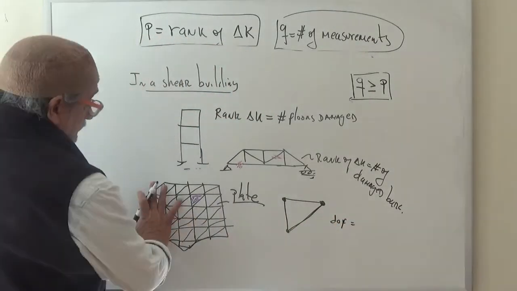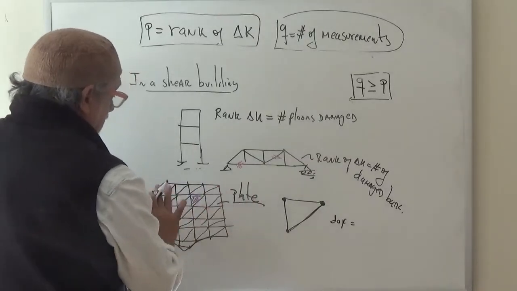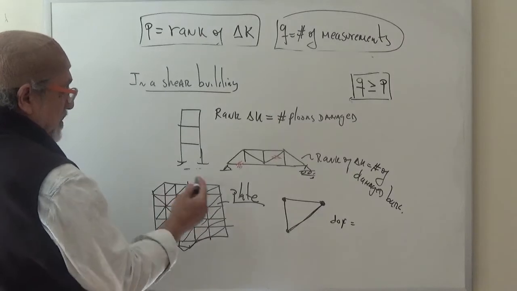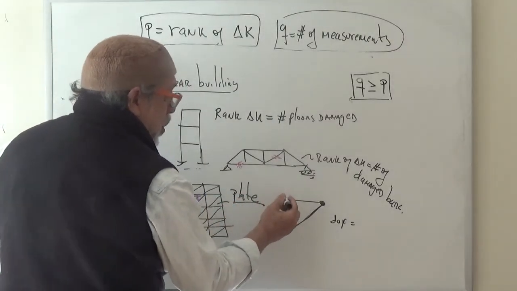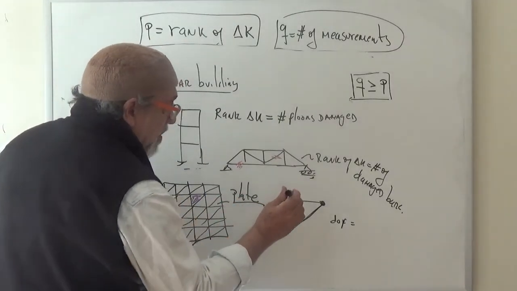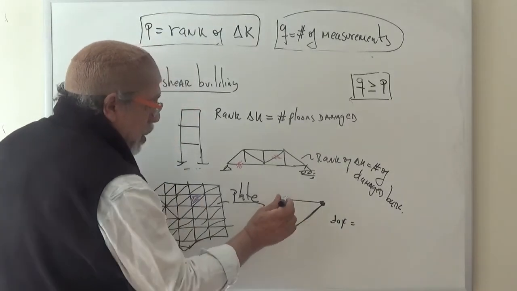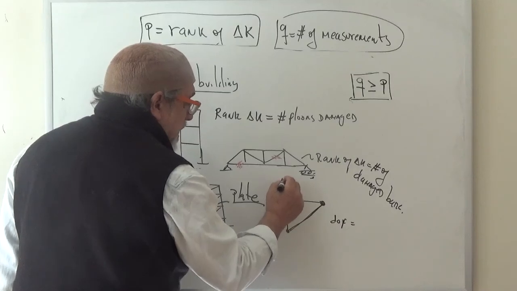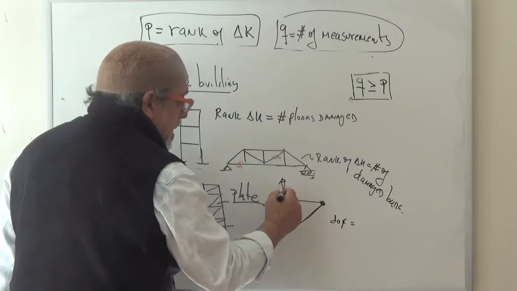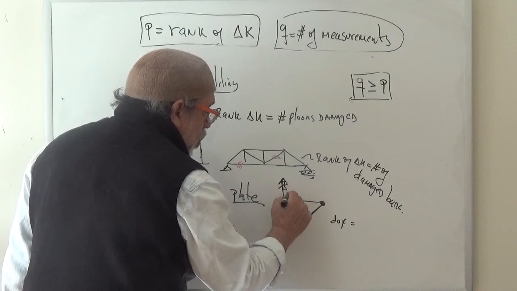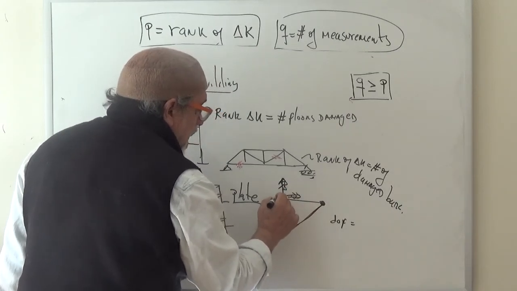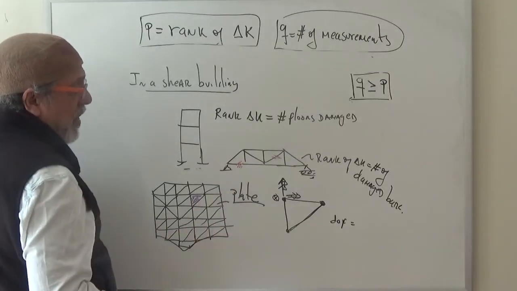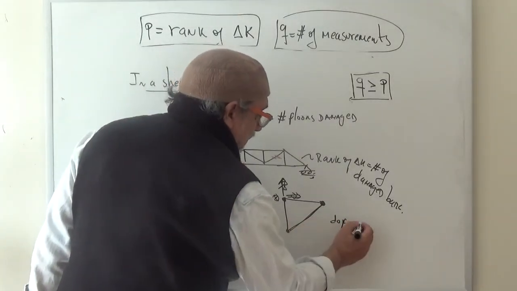Well, if the plate is in this plane, we would typically assign in a model of the stiffness 3 degrees of freedom per node. That is, we would have the displacement perpendicular to the plane as one coordinate, plus the rotations about these two axes. So there would be 3 degrees of freedom per node, so there would be 9 degrees of freedom, right?